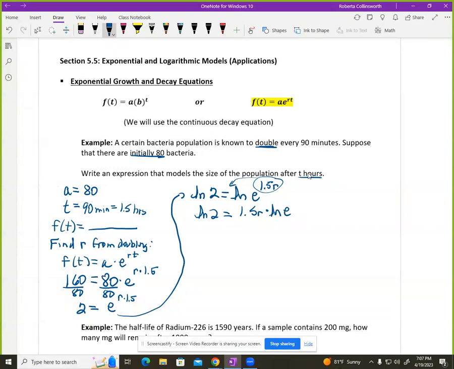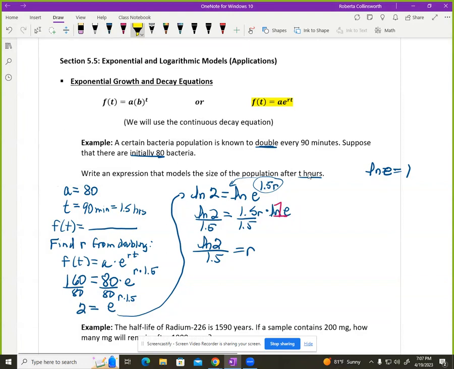And remember, ln of e equals 1, so I'm going to put a big 1 right here. Then I'm going to divide both sides by 1.5. So ln of 2, which is a number, divided by 1.5 equals R.